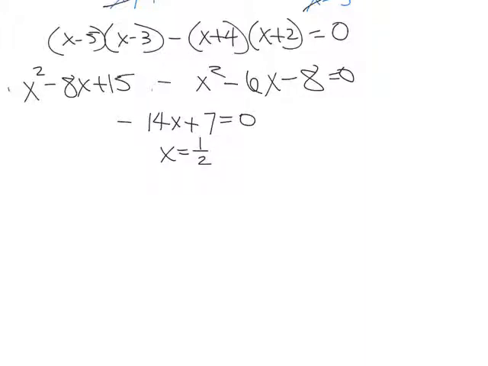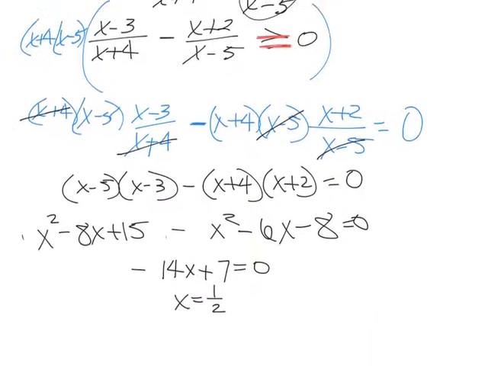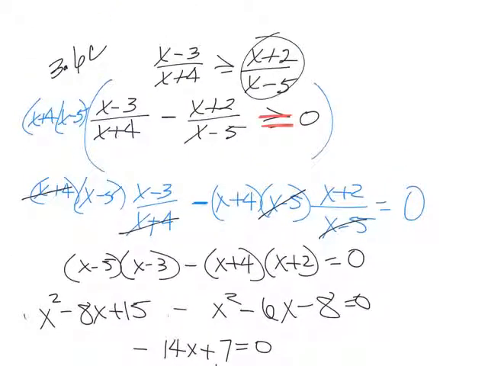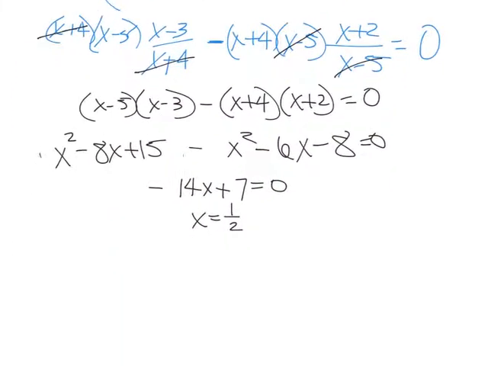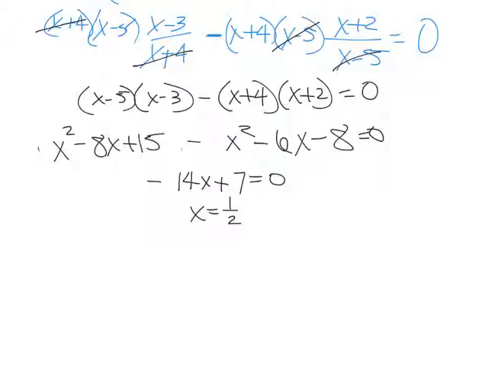So that positive 1/2 is telling me where this graph is going to cross the x-axis. Okay? So that's all I did. I went clear from up here at the beginning, and I solved for x, and I found the 0. The 0 is where it crosses the x-axis.